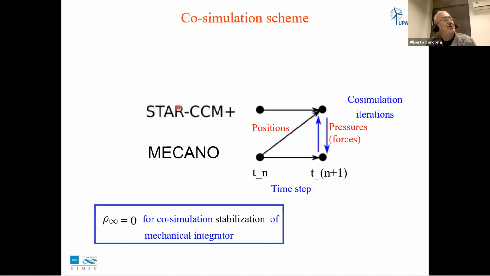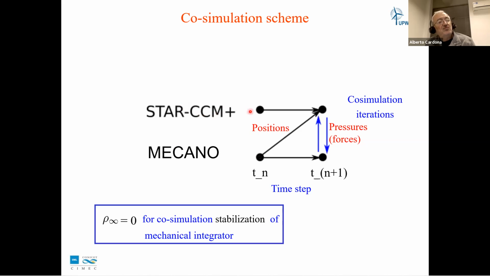So we have STAR-CCM+ and Mecano advancing from time Tn to Tn+1. Mecano computes the displacement positions, and it gives to STAR-CCM+ at each time the new position of the blades, for instance, or the new position of the system.